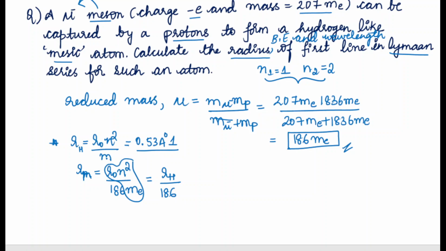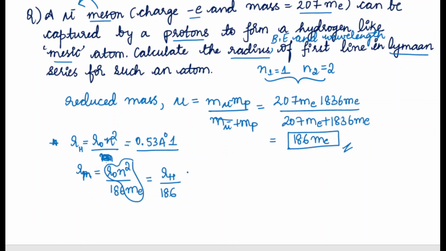The r naught value includes this m value; for your reference I am writing it here. The r naught value is completely 0.53 including this m, so to show the difference I am writing m here. Understood? So it is r H divided by 186, where the r H value is 0.53 angstrom. After calculating, you will get the final answer in meters.